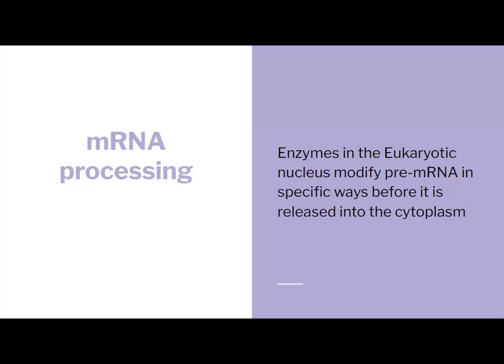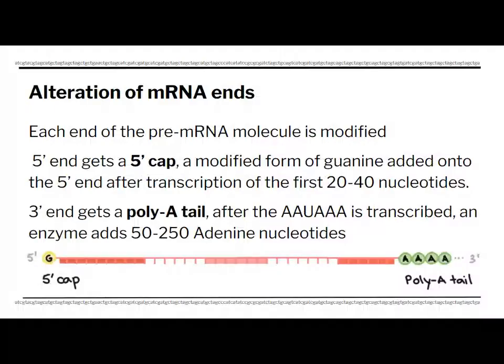So, what are those modifications? First things first, we have to do something to the ends of that RNA. We've got some pretty rough ends to it. We got to make sure that RNA is protected.